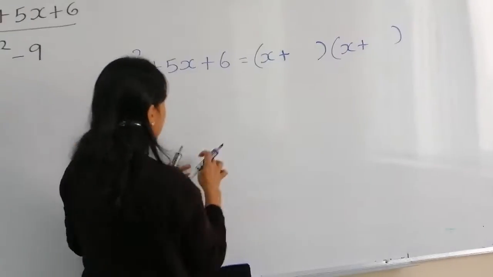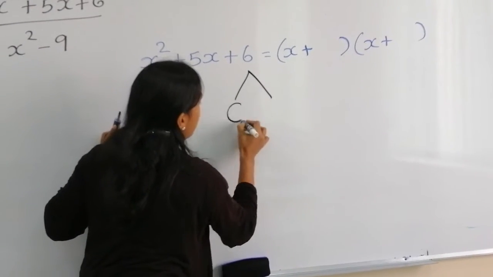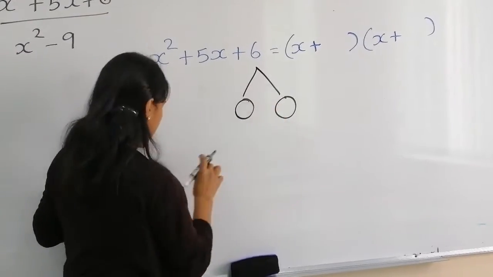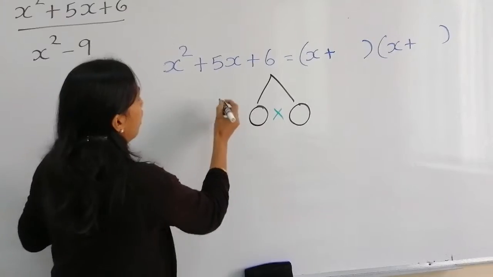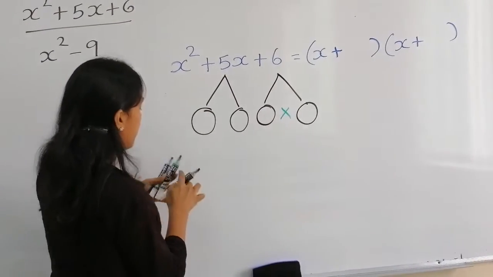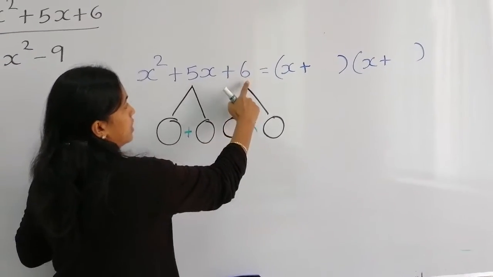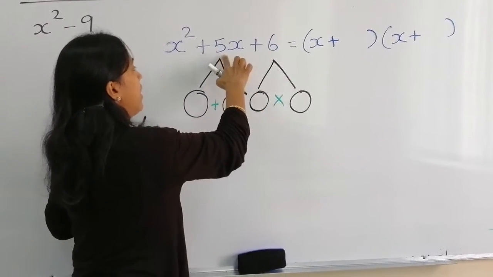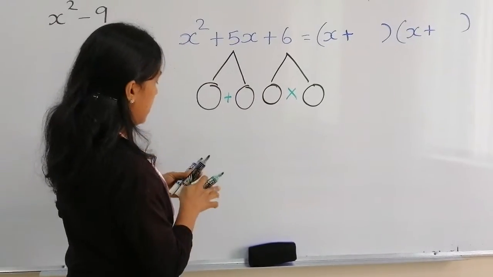When we multiply these two numbers, we should get 6. When we add these two numbers, we should get 5. So 6 is the product of the two numbers and 5 is the sum of the same numbers.